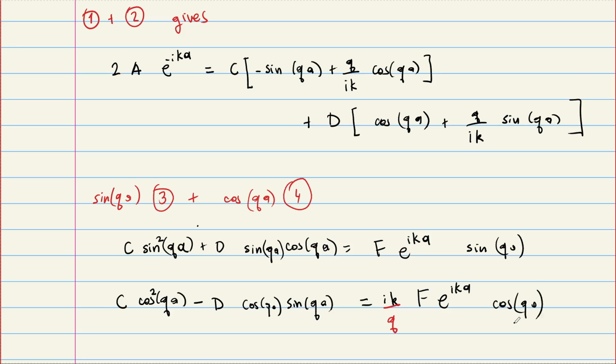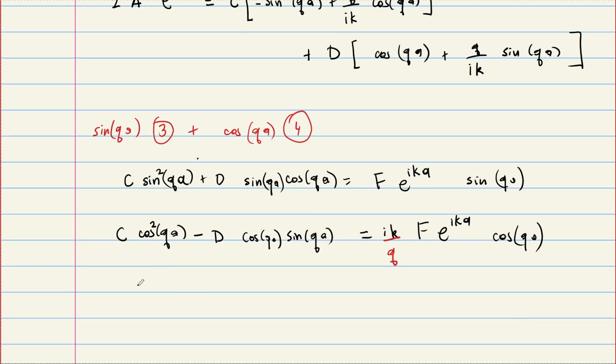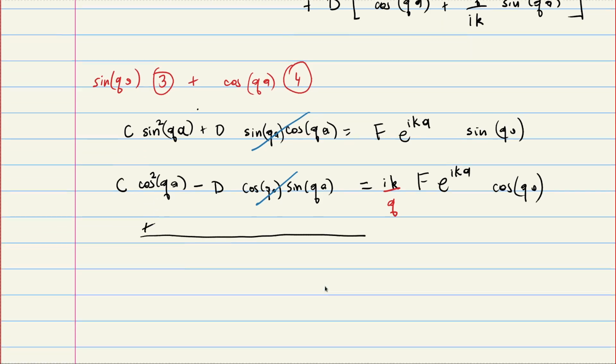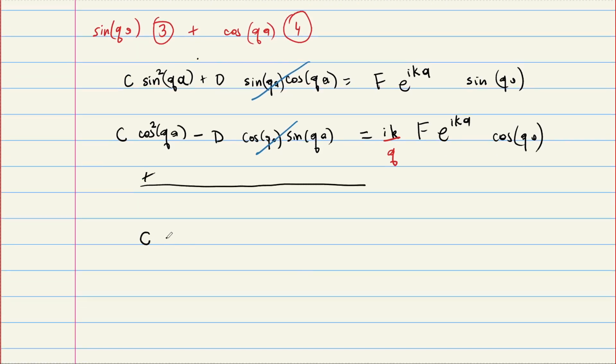Good. Now if I sum these two, this one is going to kill this one. Sine squared plus cosine squared is 1, and I have an equation for c, and c is going to be equal to, so this factor, sine qa plus ik over q cosine qa. Good.